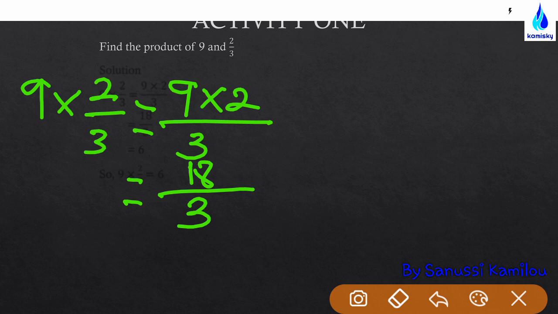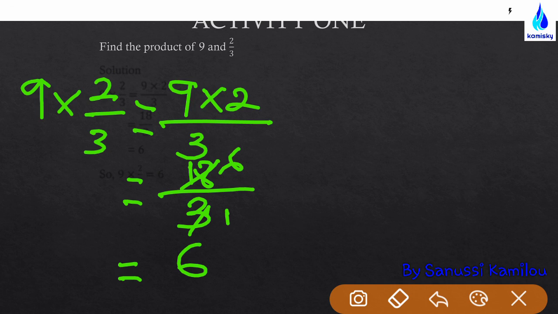If I simplify this by 3, I will get 6, and this by 3, I will get what? 1. Therefore, I have 6 as my answer. So when you finish, you conclude by saying, 9 times 2 out of 3 is equal to 6.